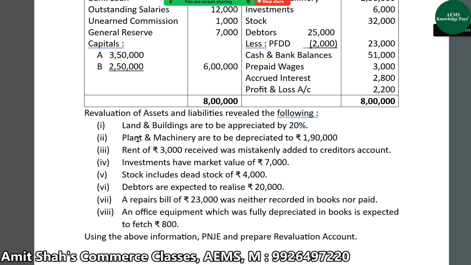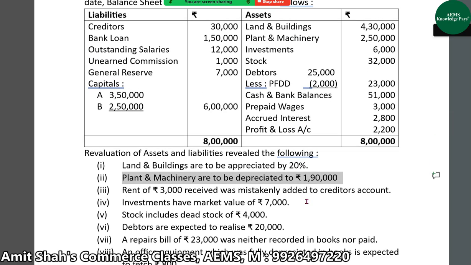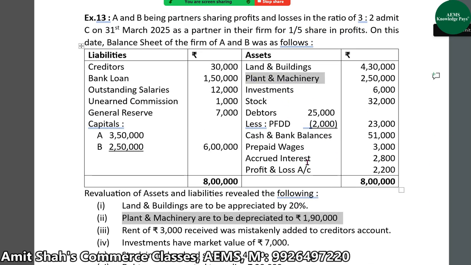So if you see, we have a loss here. We have to depreciate plant and machinery to rupees 1,90,000. Means we have to bring down its value to the level of rupees 1,90,000. As of now, its book value is 2,50,000. We have to bring it down to rupees 1,90,000, means we have to decrease it by 60,000.